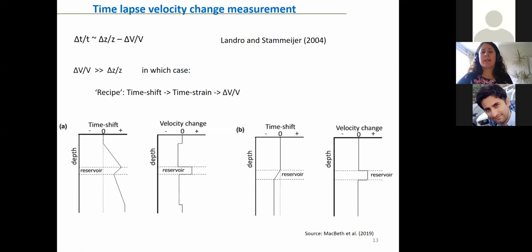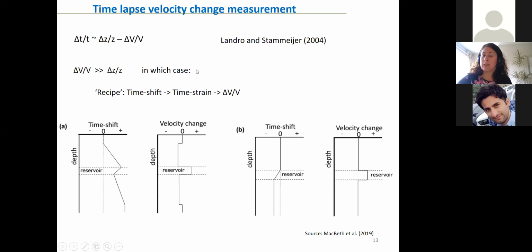Okay, so typically if we don't have a geomechanically active reservoir, we would ignore this delta z over z. So we could say that I can take the time shift, which is this delta t, and estimate the time strain, which is essentially differentiating the time shift over a certain window. And that's the time strain over here. And that's equal to minus delta v over v.